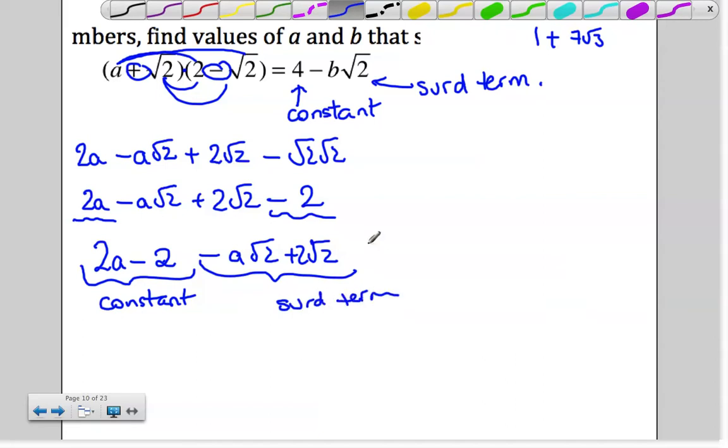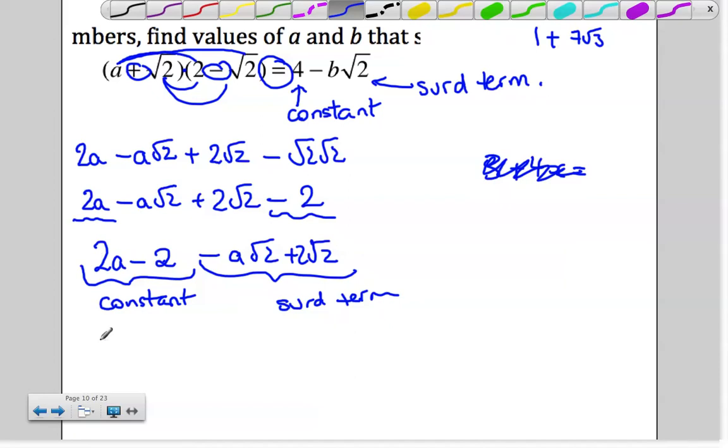Now, because there is an equal sign, those two things have to be the same. Just like if you have 3 plus 4x, you can't have 4 plus 3x being equal, okay? Actually, that's a lie. You can, because x is unknown. No, in this case, because root 2 is something definite.